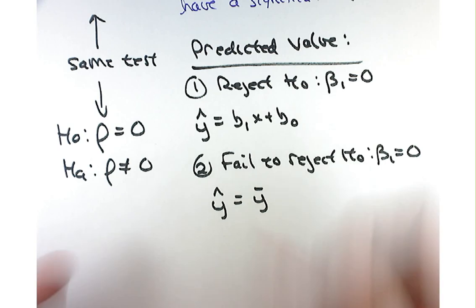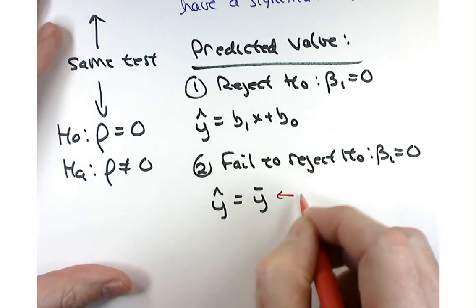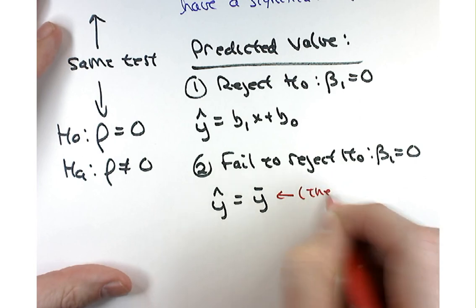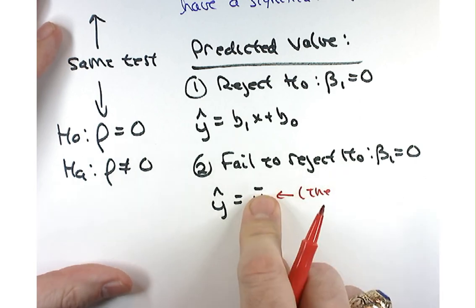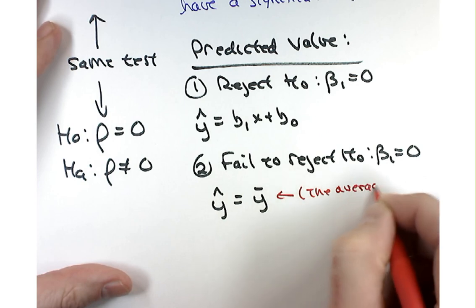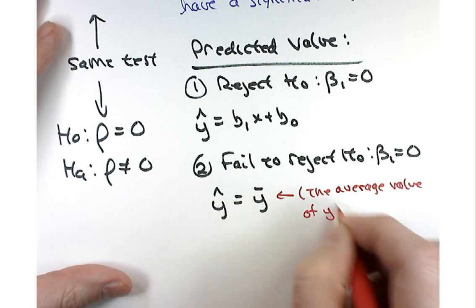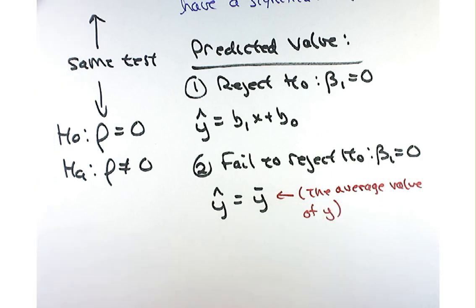What do you think Y bar is going to be? If this was X bar, what would that be? Yeah. It's just going to be the average value of Y. That's it. That's the best you can do for your predicted value.